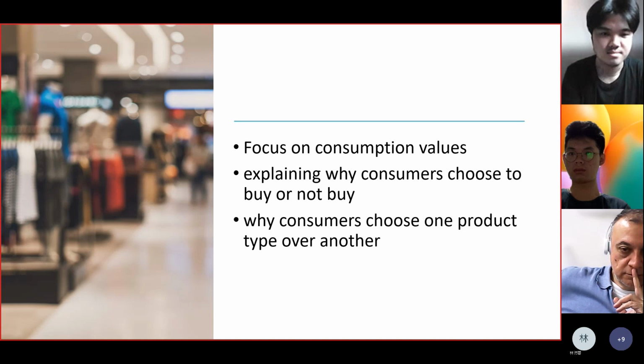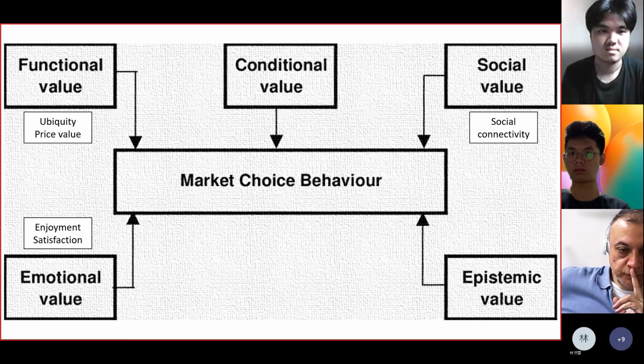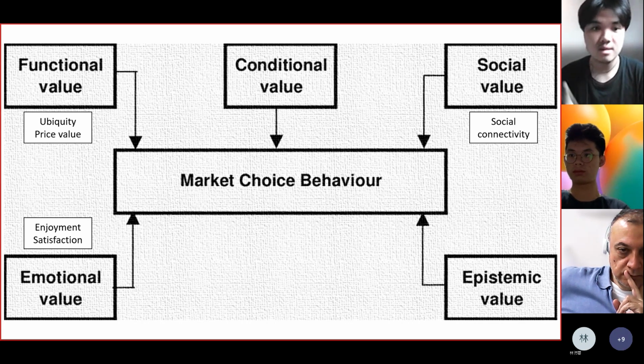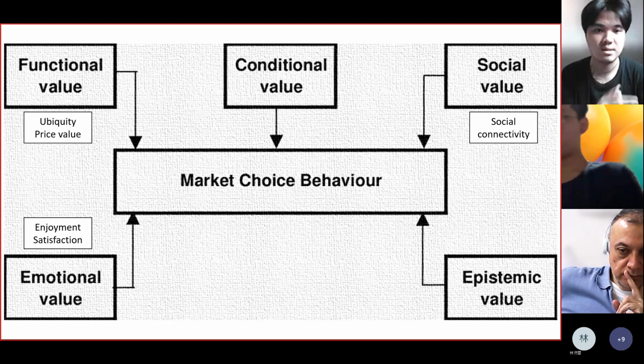Okay, next. In this case, this theory is divided into 5 dimensions of values, like you see on the screen. The first one is functional value, the second one is social value, the third one is emotional value, the fourth one is epistemic value, and the last one is conditional value.